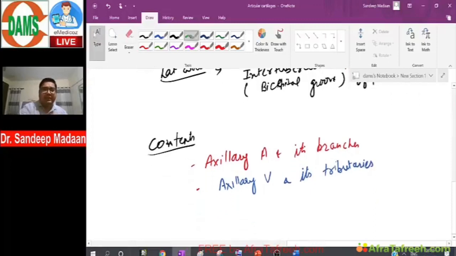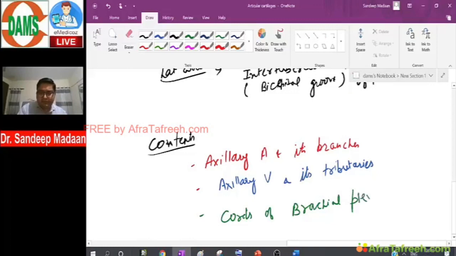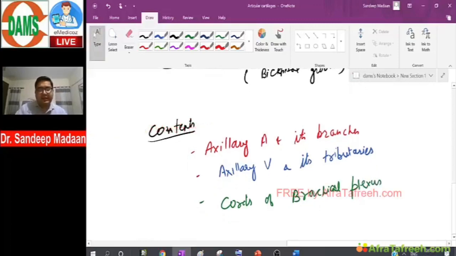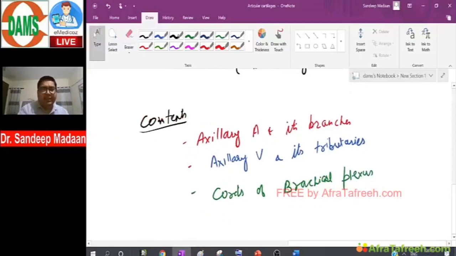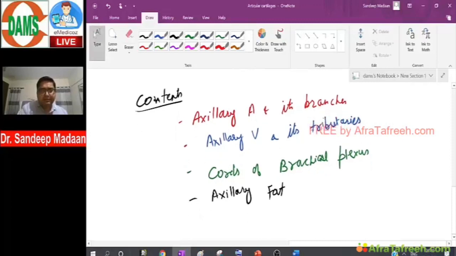Cords of brachial plexus, axillary fat, and axillary lymph nodes.